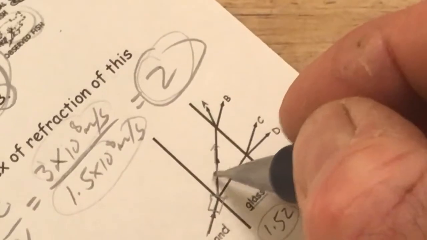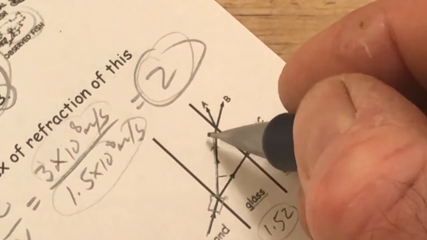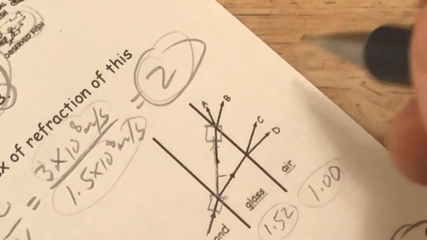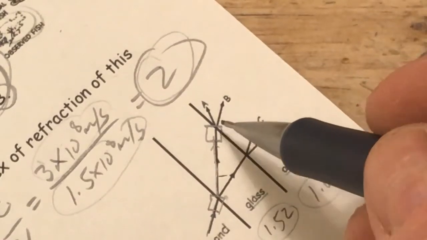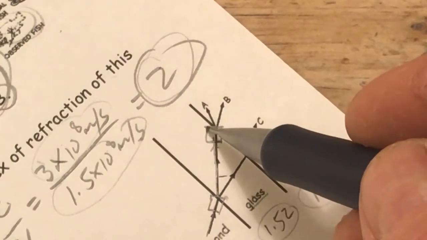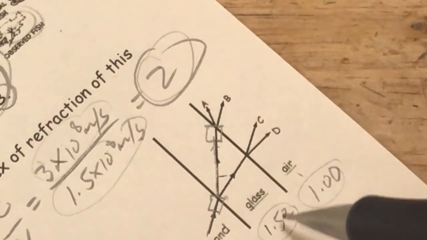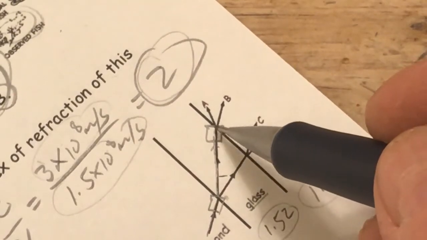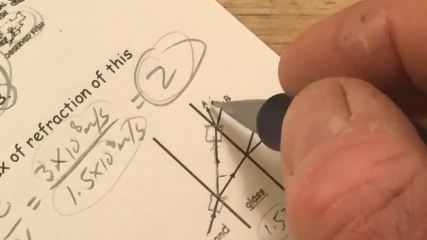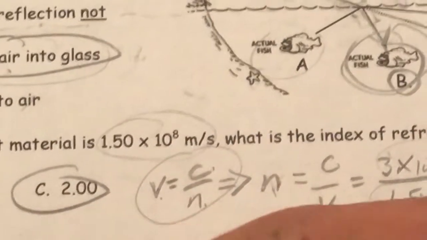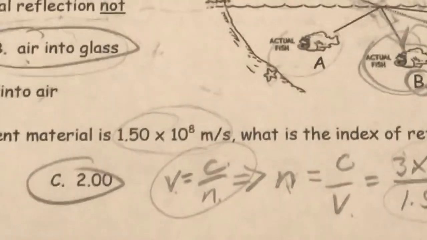And then the car is going to go this way, and as it reaches this interface right here, this part is going to go into the air first. This part's going to be stuck in the glass. Glass has a higher index of refraction, so this is going to move slower, this is going to move faster, it's going to make it go to the left again. So the answer is A.